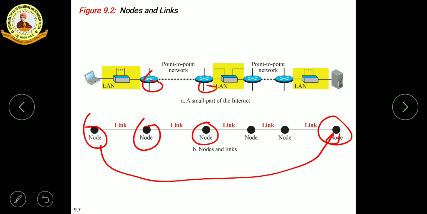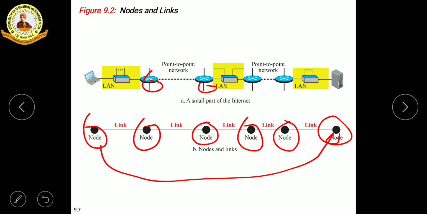Whatever hosts are there, end hosts and the routers, I call them nodes, and the network in between I call links. Have you got to know what is a node and a link? Nodes are end devices, whereas the networks between the end devices are called links.